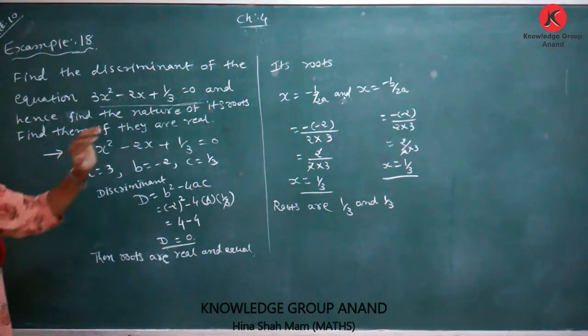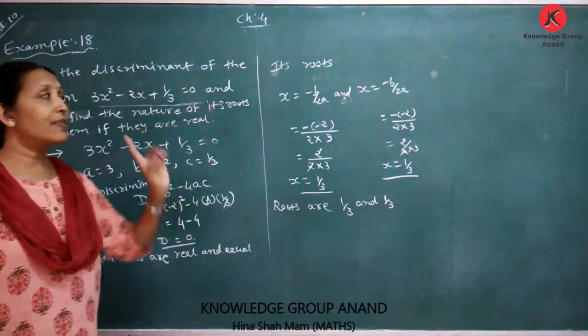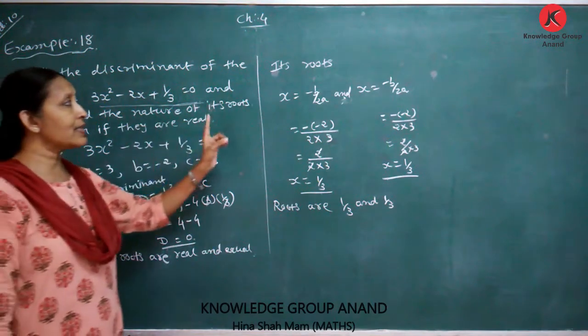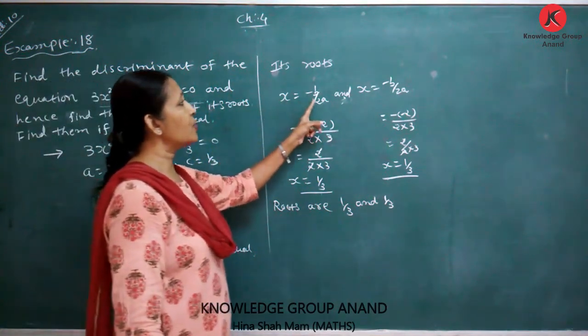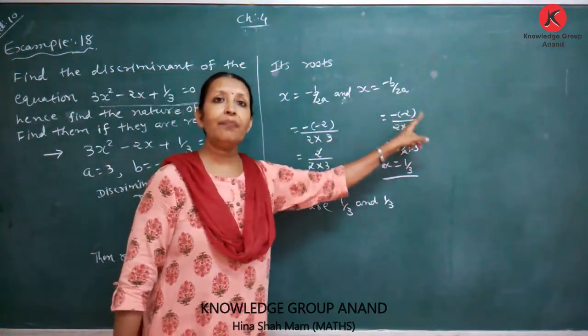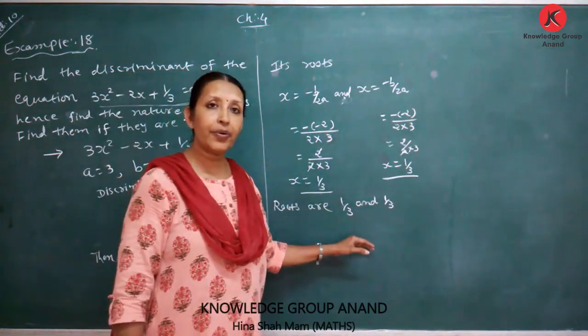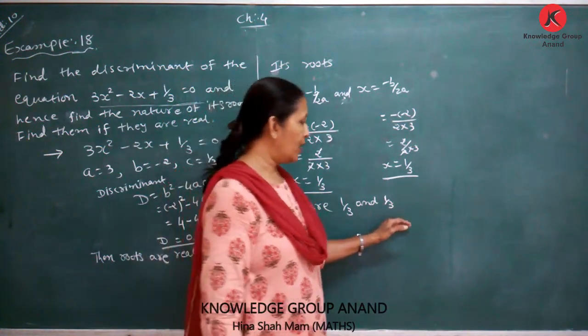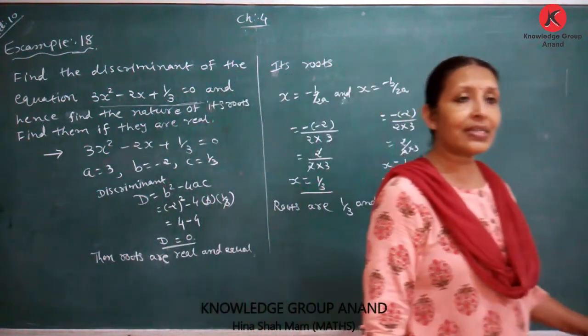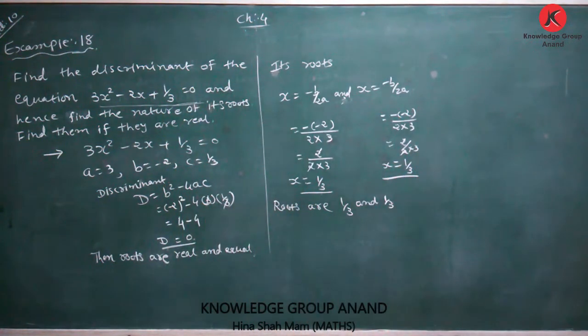Then find the roots: x = −b/2a, so x = 1/3, 1/3. In the next lecture, we take exercise 4.4.